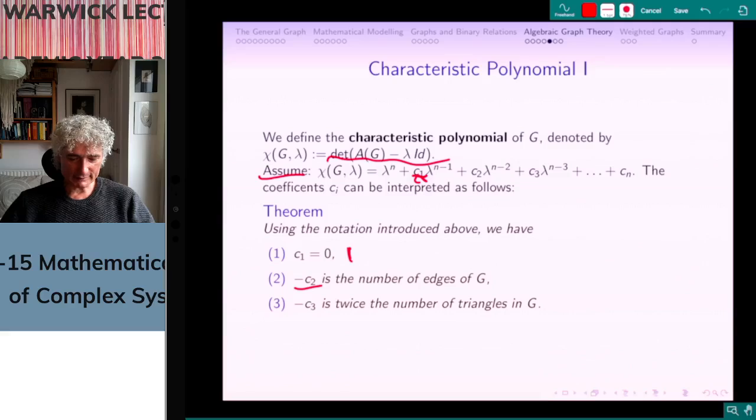And now minus C3 is twice the number of triangles in G. So these are a little bit more complex subgraphs of G, which look like that. You have 3 vertices taken out of the vertex set V, and they are connected by 3 edges.